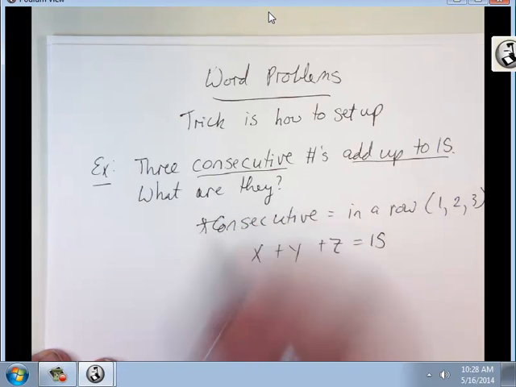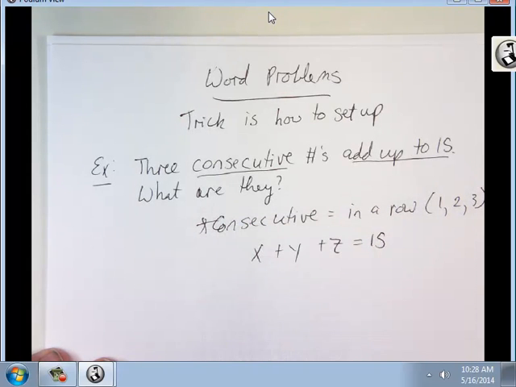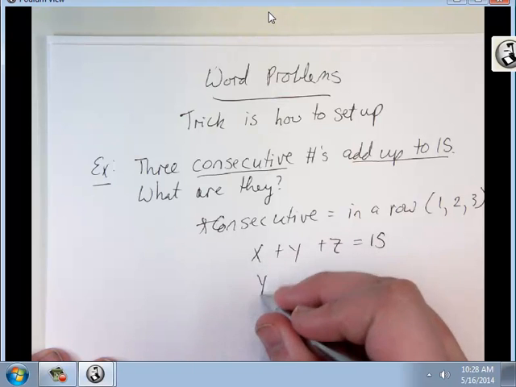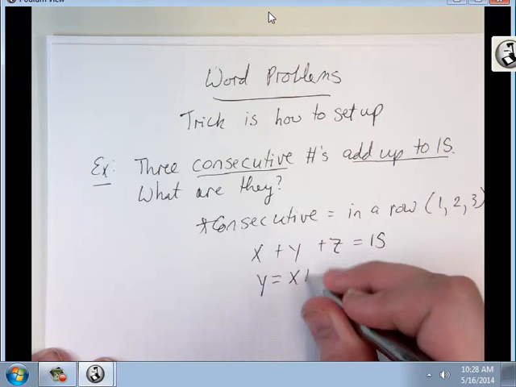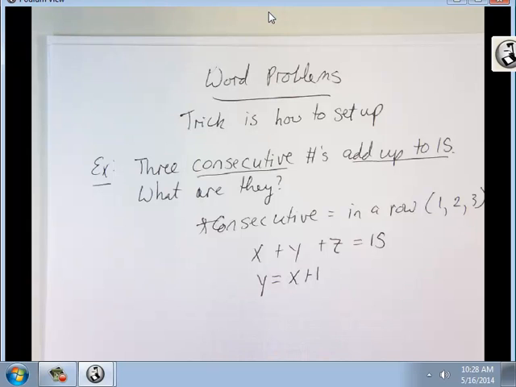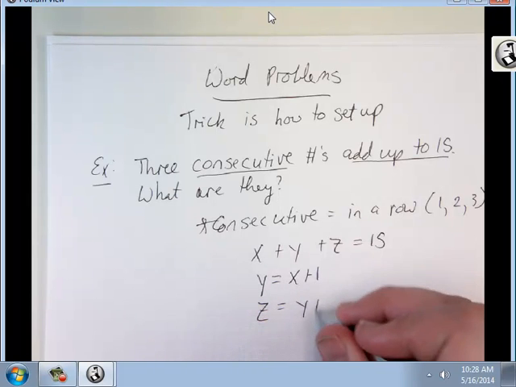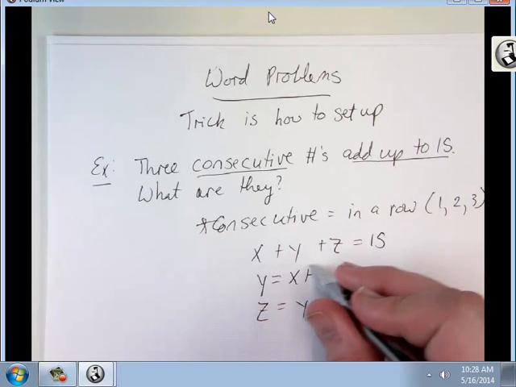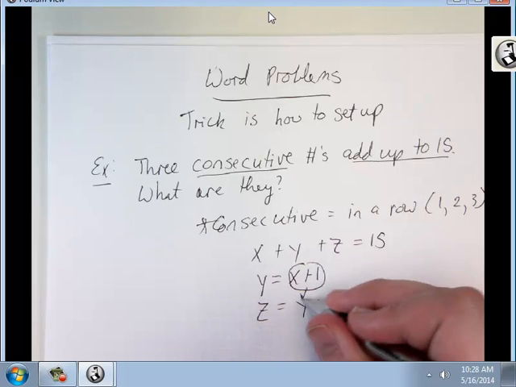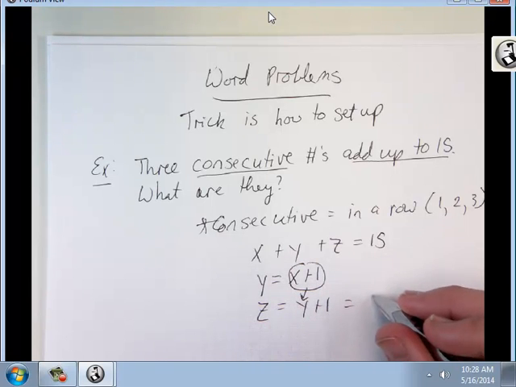Here's my hint. So y would just be x plus 1. Z would be y plus 1. And if I substitute this in, I have x plus 1 plus 1, which is x plus 2.